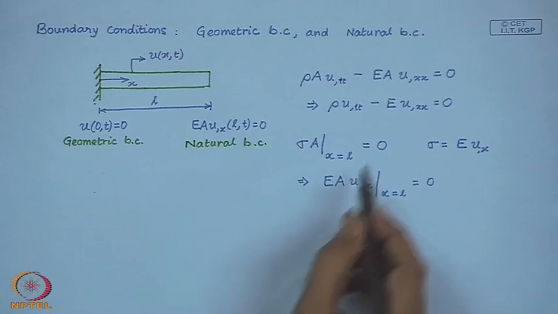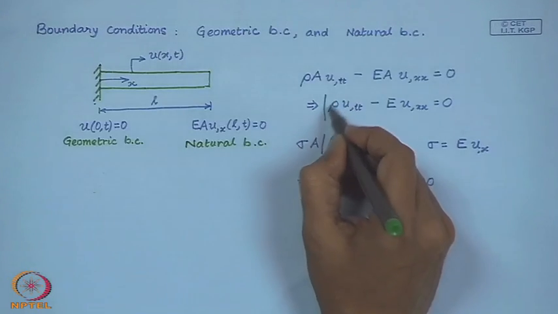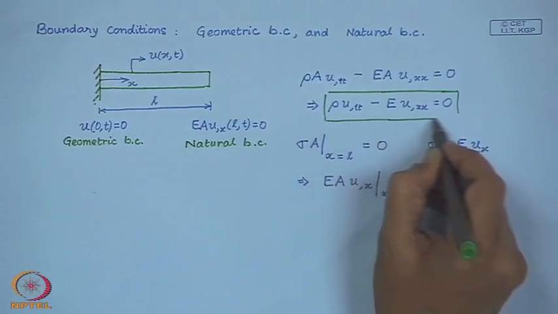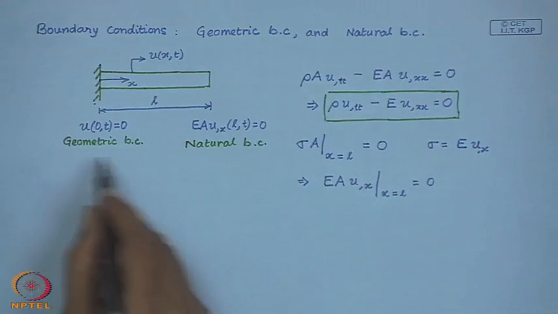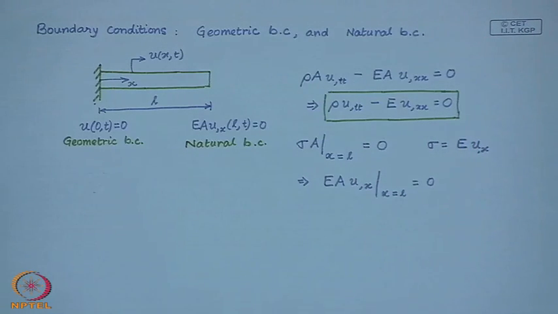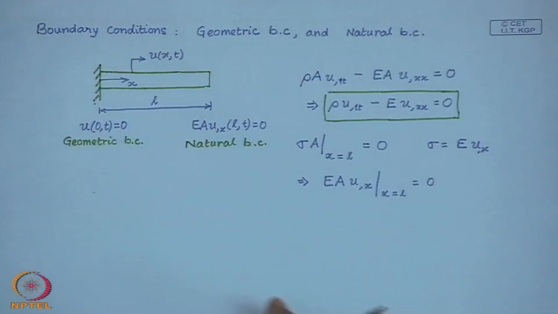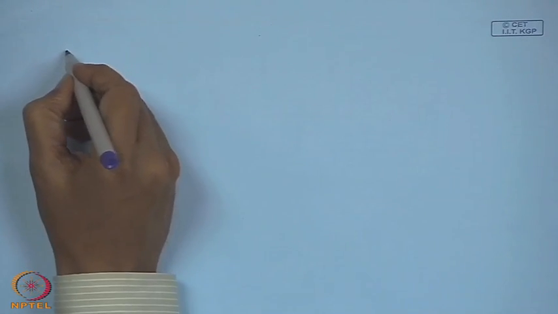So, we finally have the equation of motion of a uniform bar and the boundary conditions, which completes the description of this fixed-free bar in axial vibrations. Next, we look at another example.